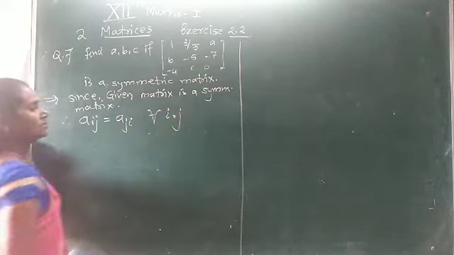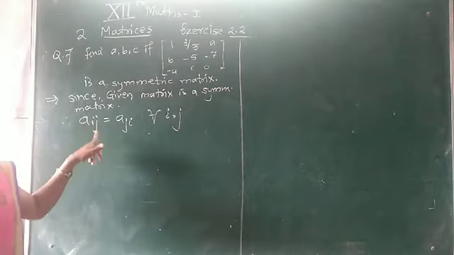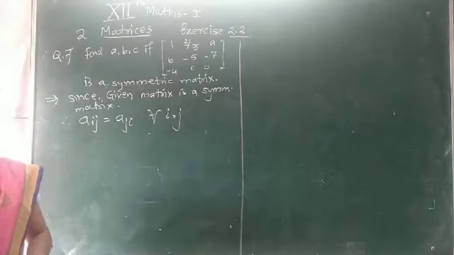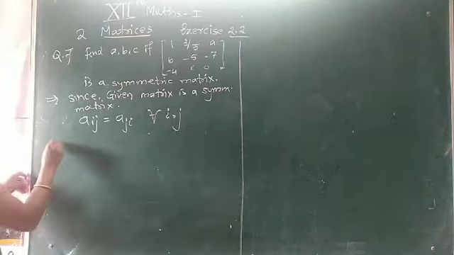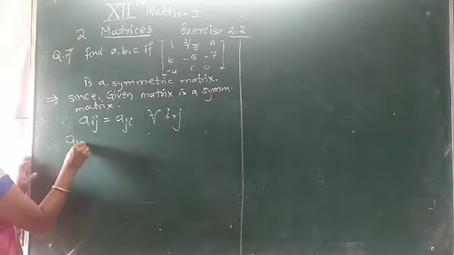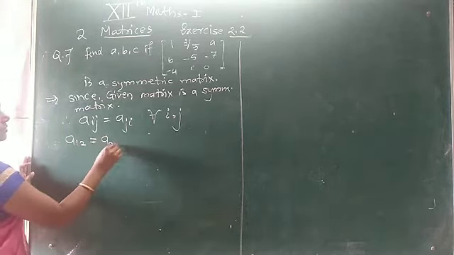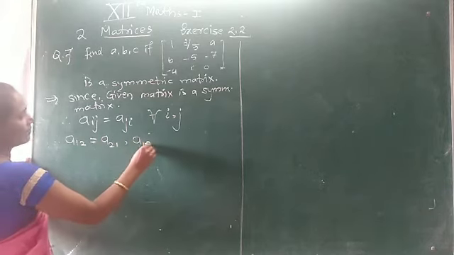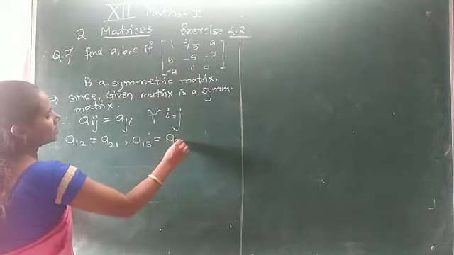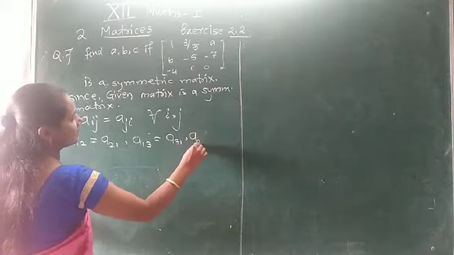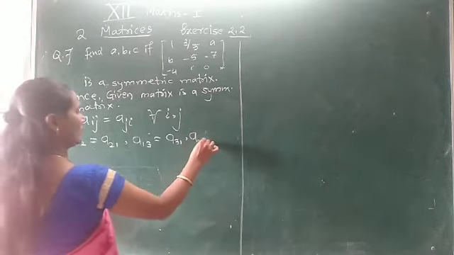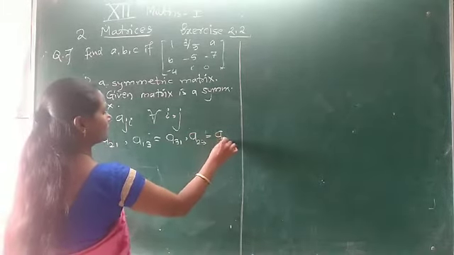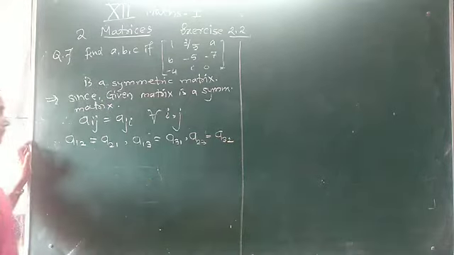For every value of i and j in a symmetric matrix, aij is equal to aji. Therefore we write a12 is equal to a21, a13 is equal to a31 and a23 is equal to a32.